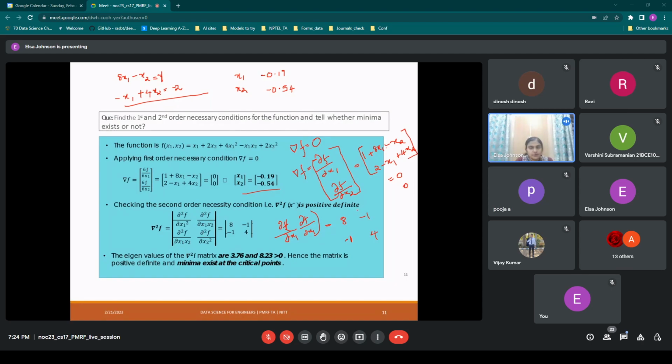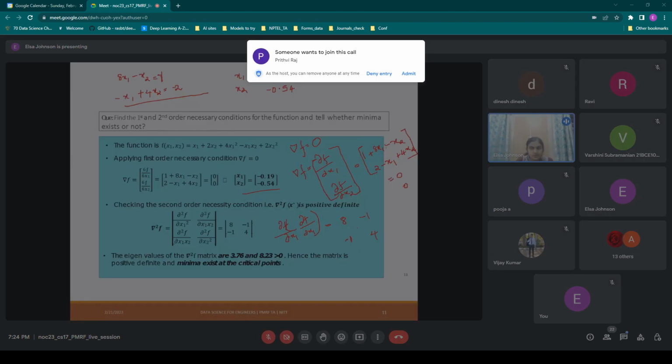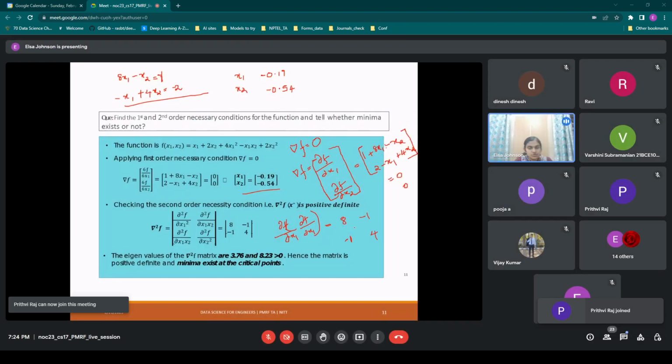Now you have to find the eigenvalues. Right now this is a matrix, 8 minus 1 minus 1, 4. For finding the eigenvalues, either you can use the normal method, determinant of A minus lambda I equal to 0, where A is your 8 minus 1 minus 1, 4.